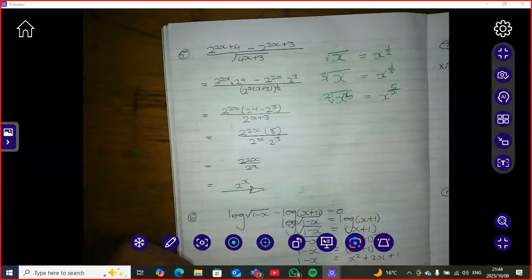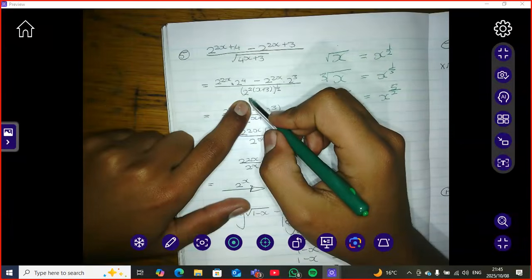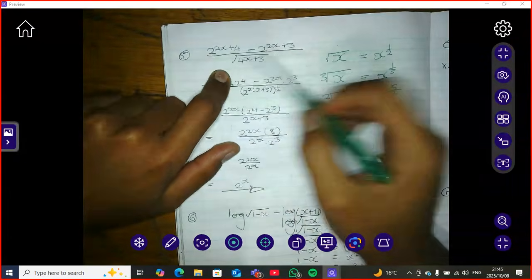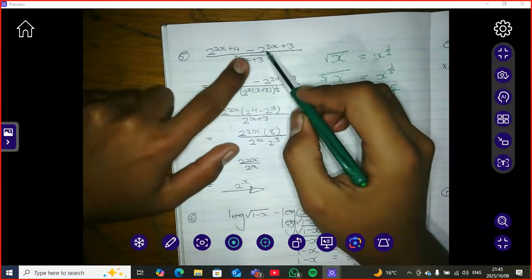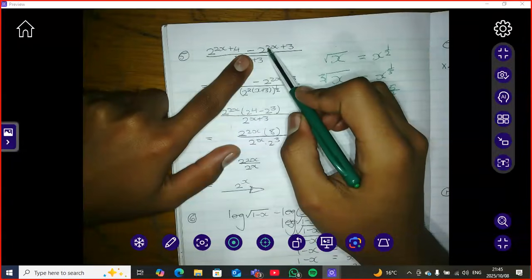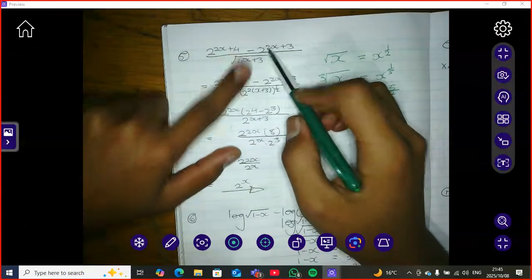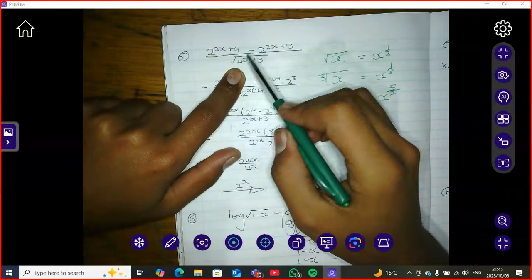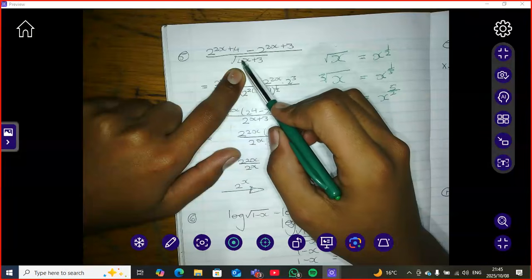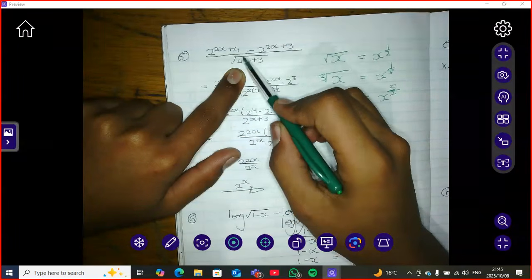Okay, so now we must look at our equation. We have 2 to the power of 2x, 2 to the power of 2x here. My equation will consist of only 2's, so I must change this 4 into a 2. So I'm going to write 2 to the power of 2 in brackets, times this.